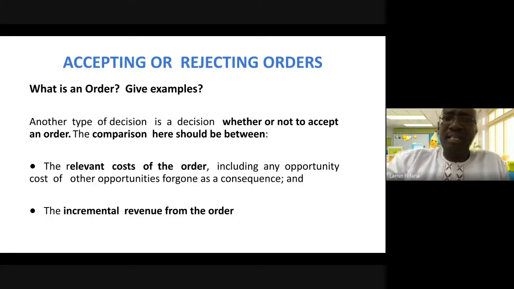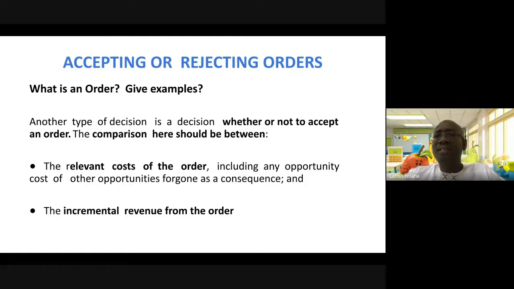Okay, Basim, I think that's a good example. But in that case, are you going to reject the orders? If we place an order to print coupons, do you have a choice to reject it?